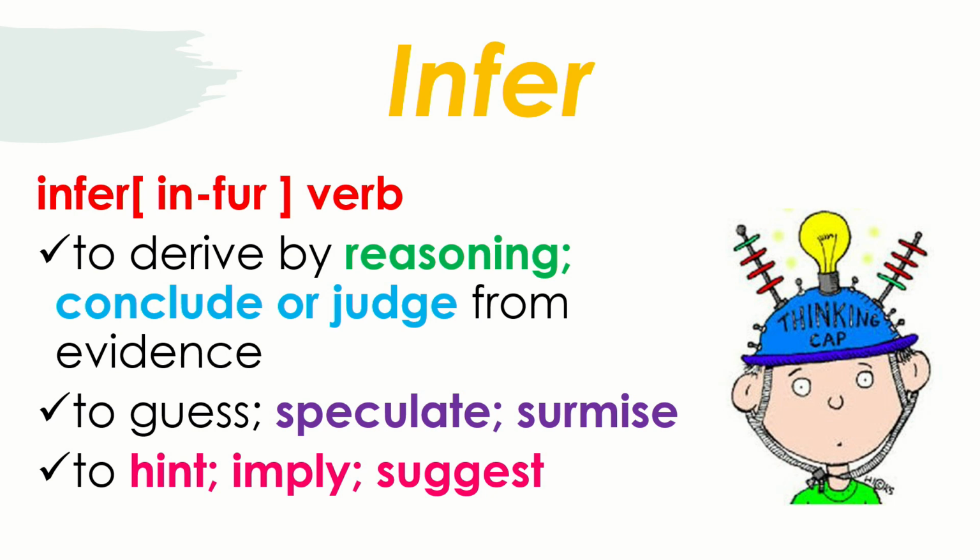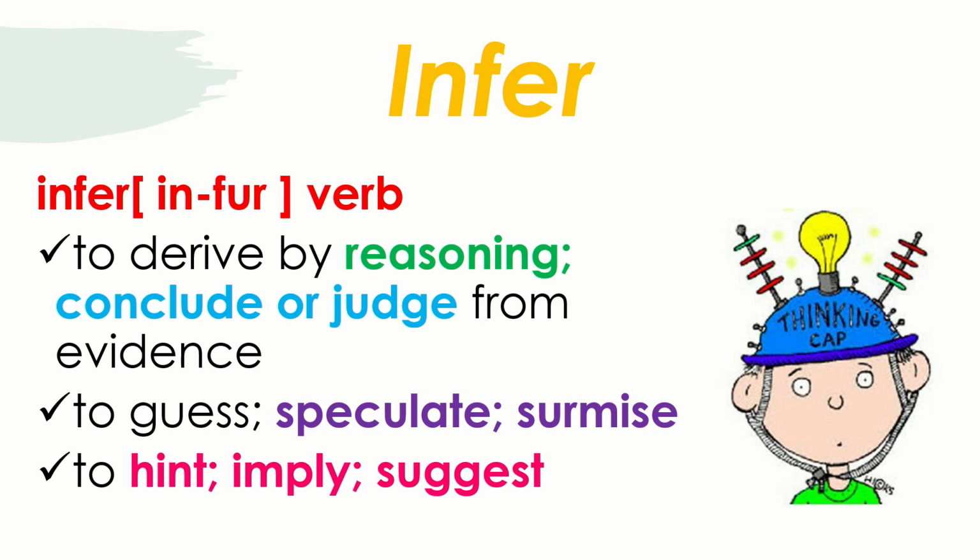You have to think about something. You conclude or judge from evidence something that you were given initially. When you infer, that means you guess, you speculate, you surmise. You hint, you imply, and you suggest.